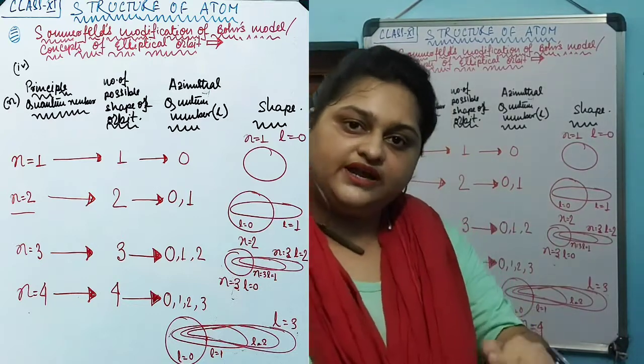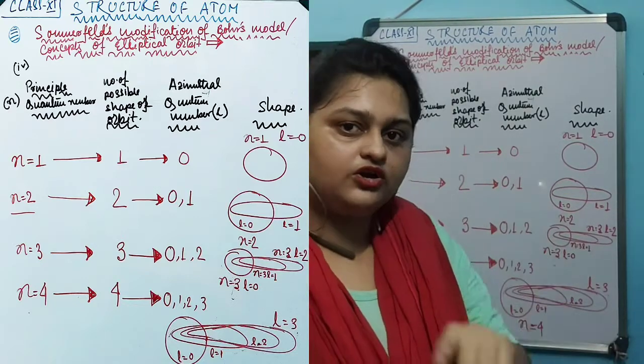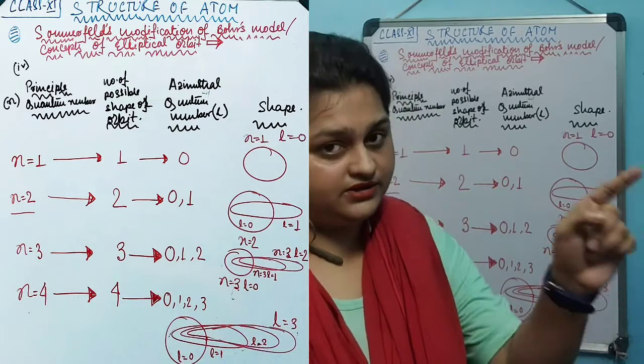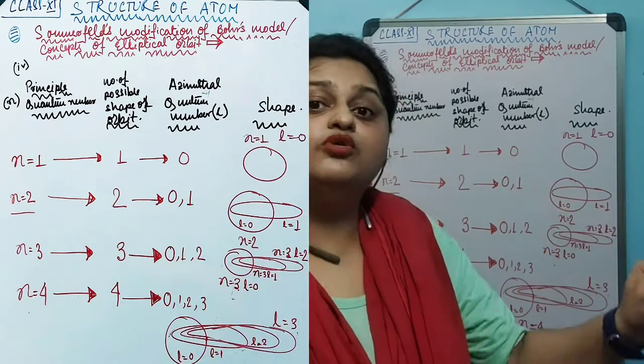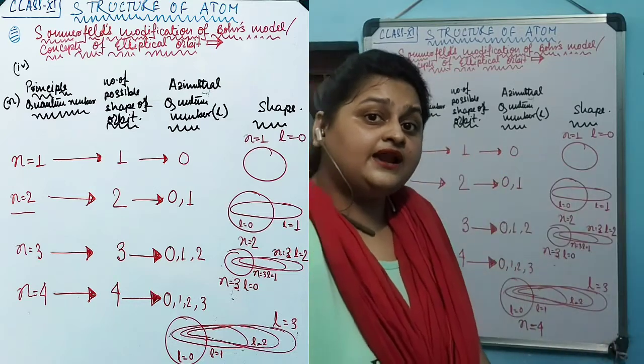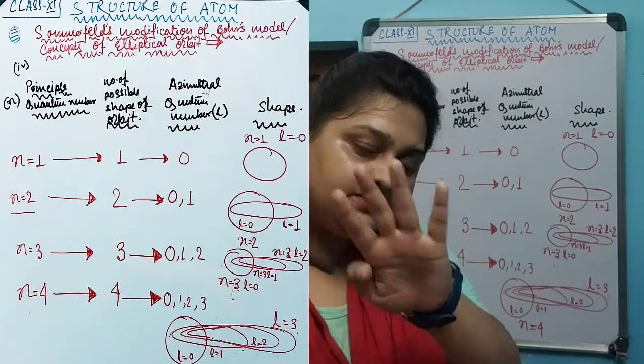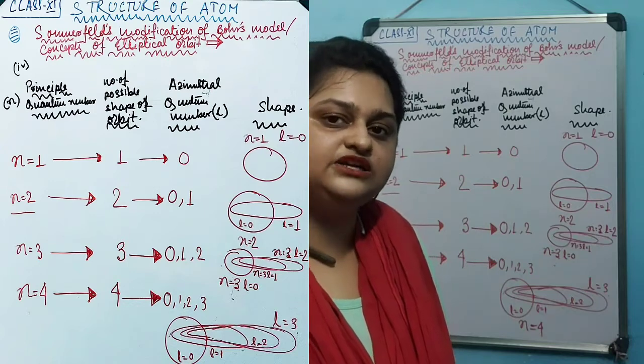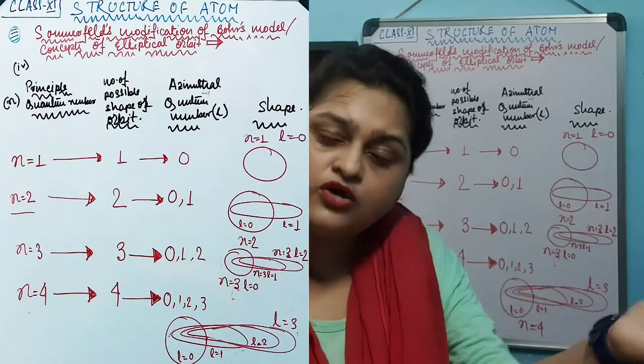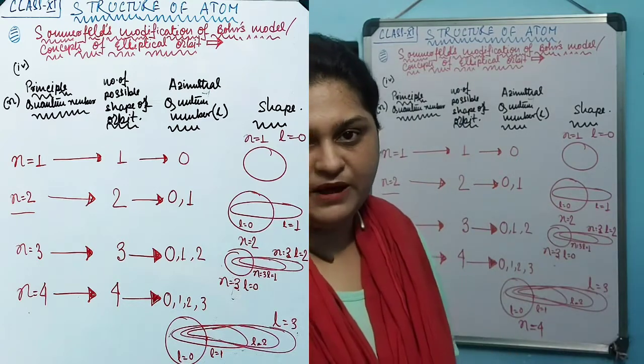The electron in the fourth energy level can revolve in a circular orbit, or in an elliptical orbit, or in a more diffused elliptical orbit, and another more diffused elliptical orbit. So there are 3 permitted elliptical paths in which it can revolve along with one circular path.